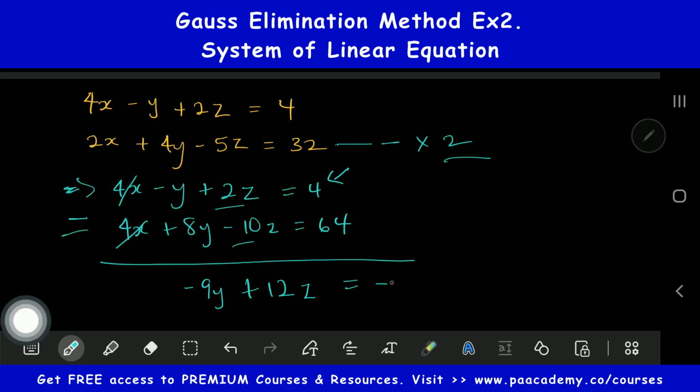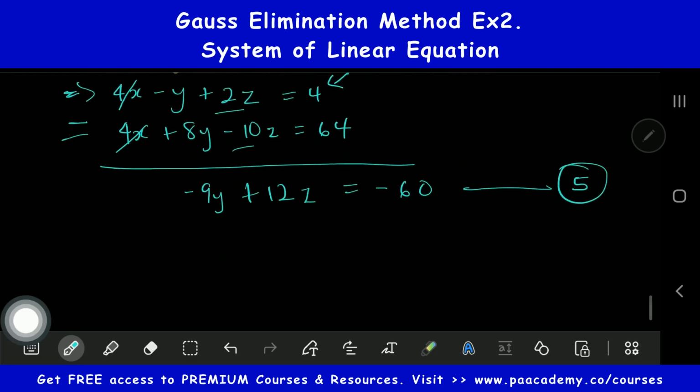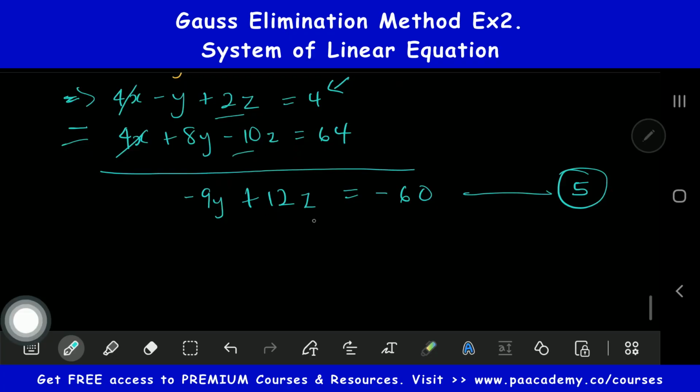That will give us minus 60. This will be our equation 5. Just to make it easy, I can rewrite this as 9y minus 12z equals 60. What I just did is to multiply through by minus 1.